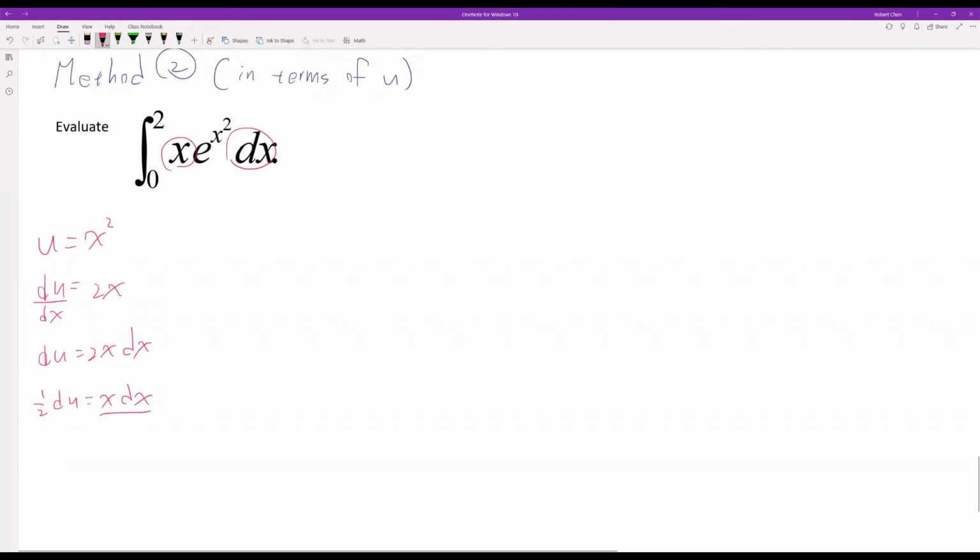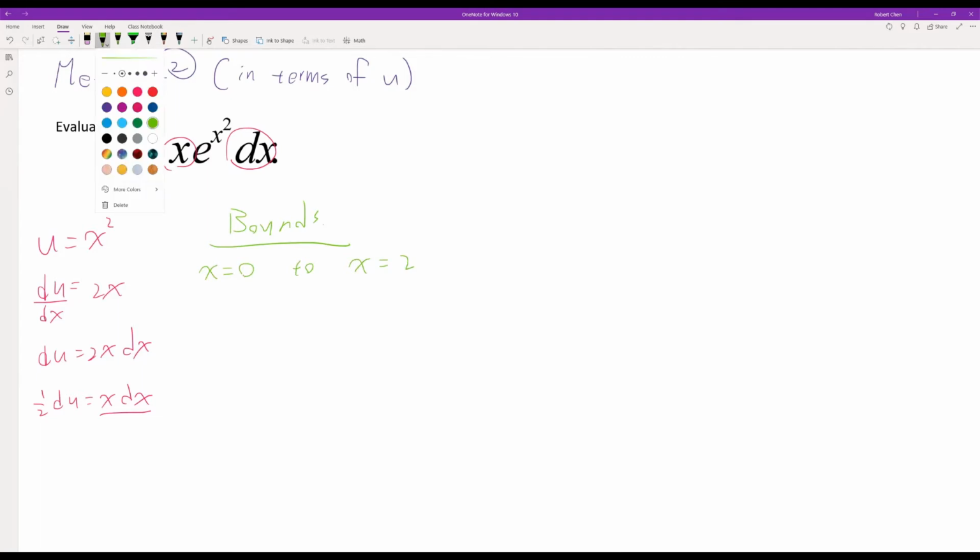All right, now next, since it's method 2, we have to take care of the bounds. x goes from 0 to 2, right? So let's see. u is equal to x squared, so u is equal to 0 squared. That means u is 0.